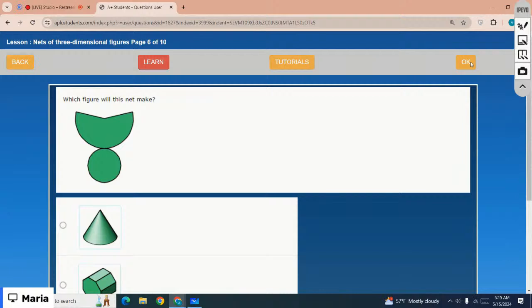The correct option is option number 1. Which figure will this net make, the cone?